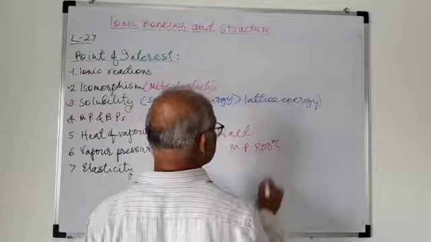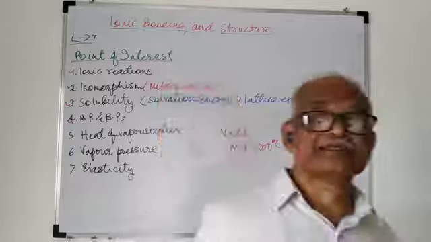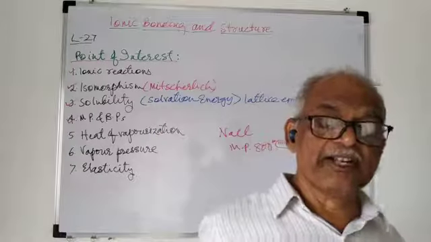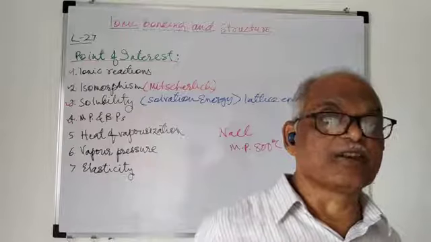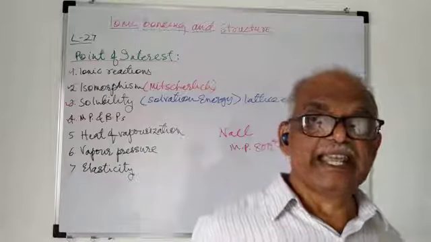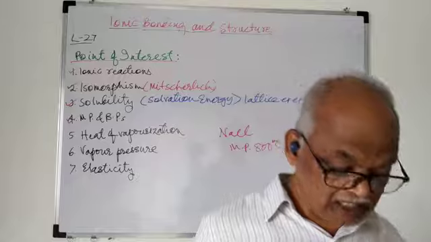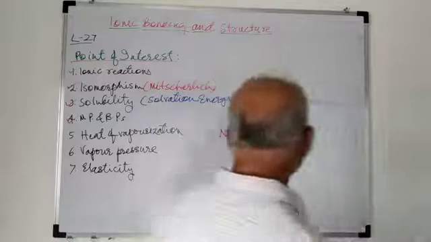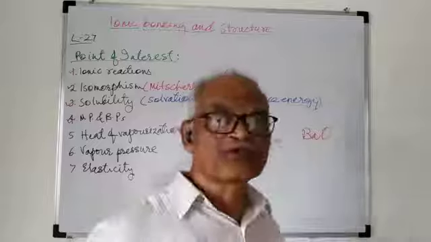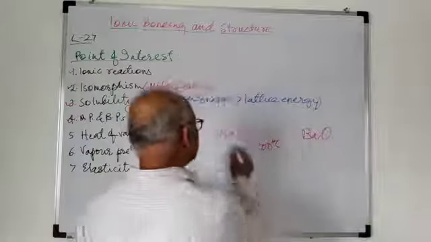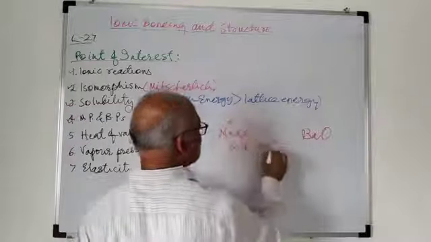Whereas the ionic solid with ions of similar size, that is NaF, and another solid, that is BaO. BaO has ions of similar nature, but here Na is plus 1, Cl is minus 1.